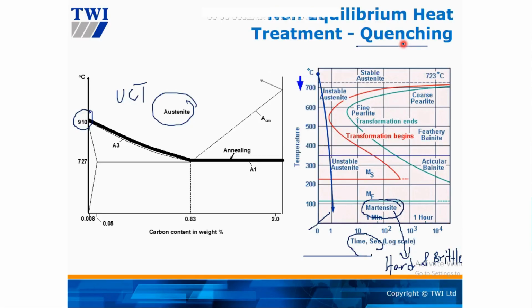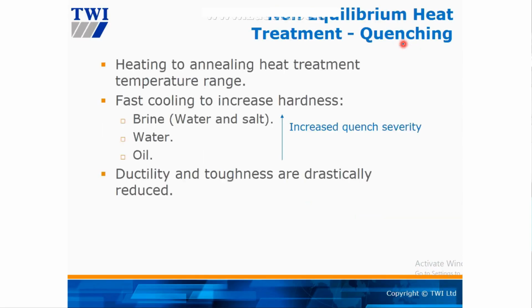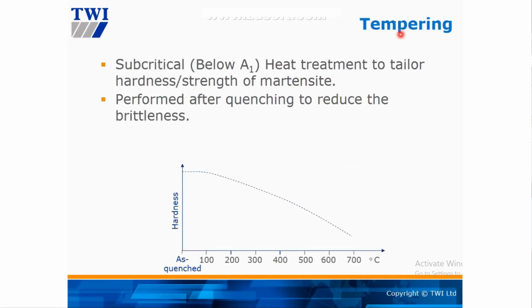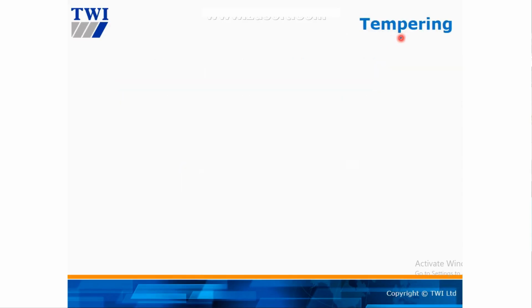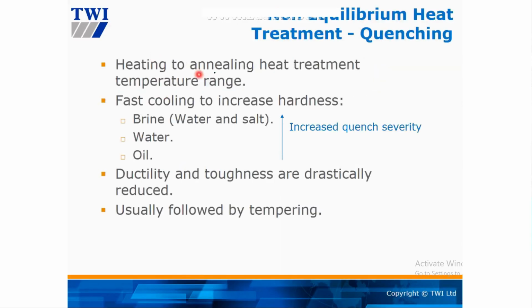Then, because we got hard and brittle material after quenching, it must always be followed by tempering. All right. So here, heating to austenitizing, meaning they are referring to temperature around 900 degrees C. Fast cooling using brine, water, or oil. But it said here it will decrease ductility and toughness, and normally followed by tempering.